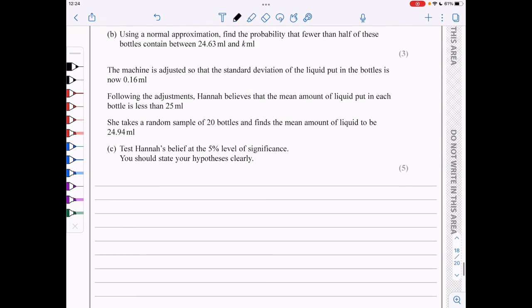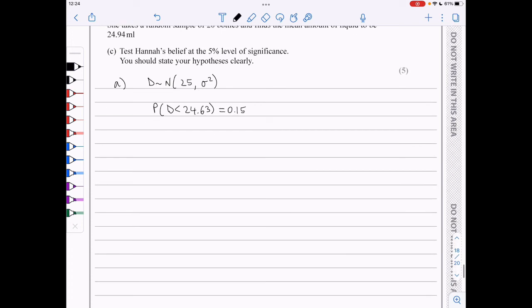I will start by writing out that we know that D follows normal with mean 25 and standard deviation sigma. We know that the probability of D being less than 24.63 is 0.15. Now, because sigma is unknown, I will have to standardize and move to the standard normal distribution denoted by Z by deducting the mean and dividing by the standard deviation.